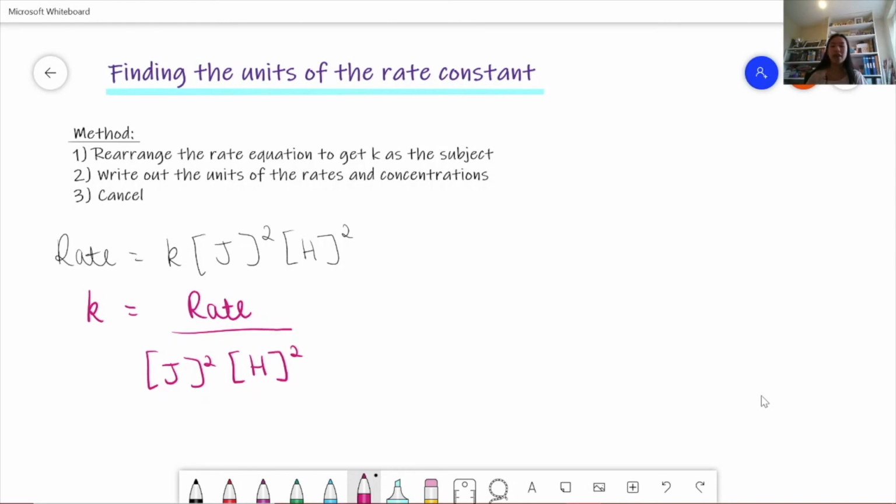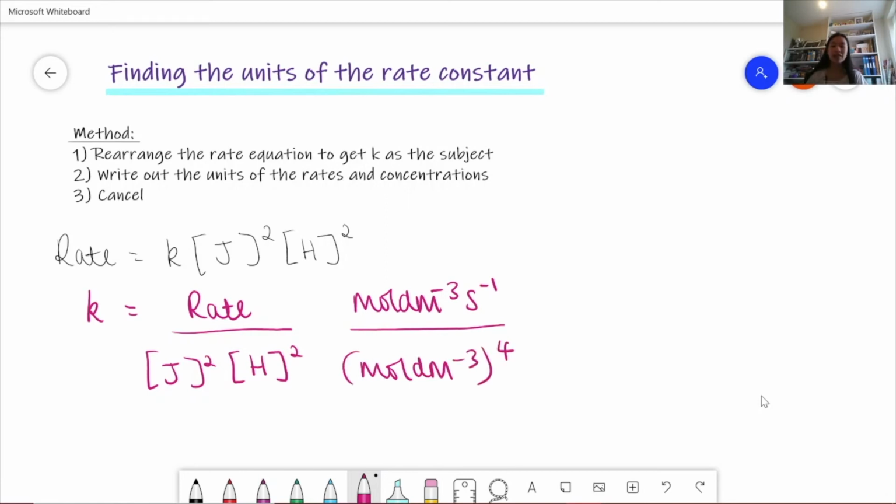So therefore the rate units are moles per decimeters cubed per second. And then on the bottom we have 4 concentrations, a concentration to the power of 4. So we would have moles per decimeters cubed, but that would be to the power of 4.